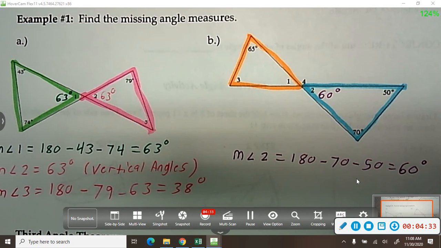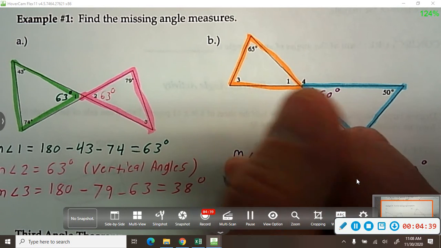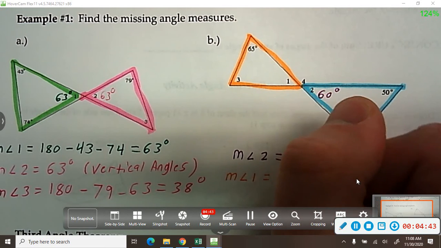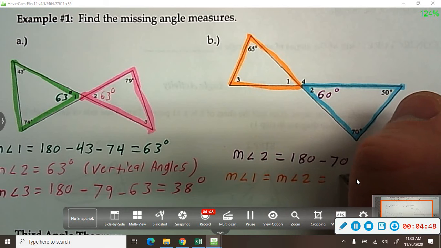And then from there, angle 1 and 2 are vertical angles. So I would say measure of angle 1 equals the measure of angle 2, which equals 60 degrees.